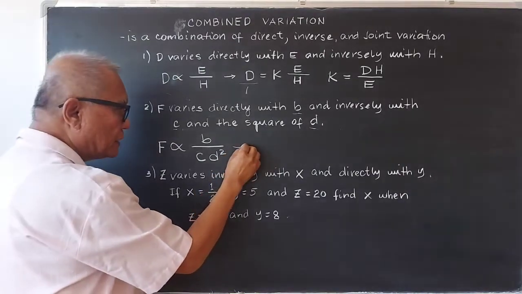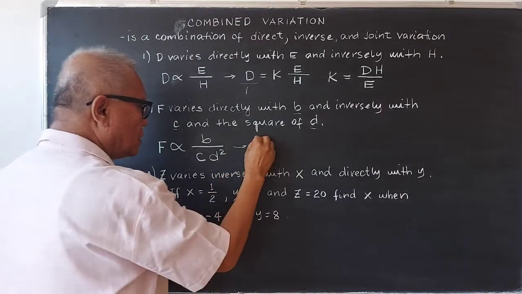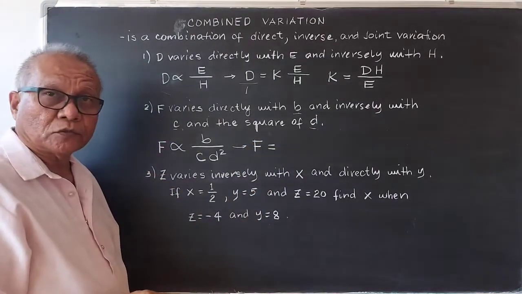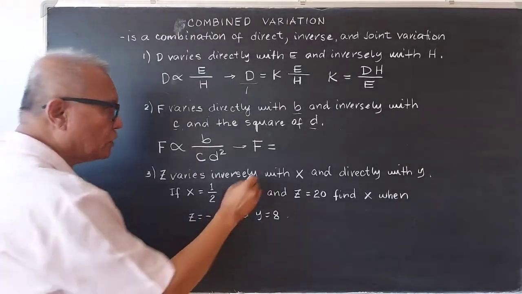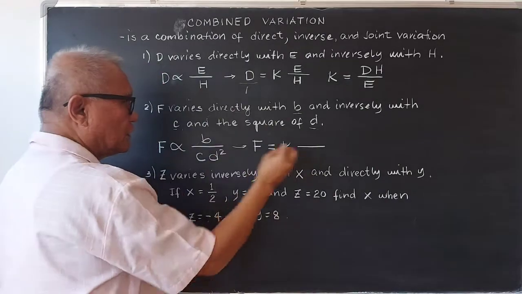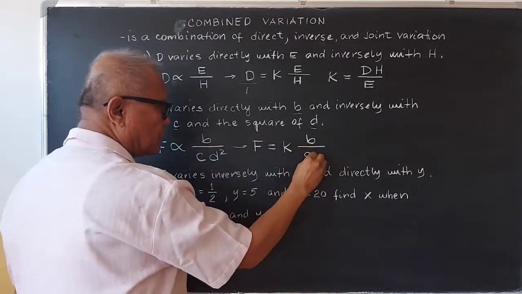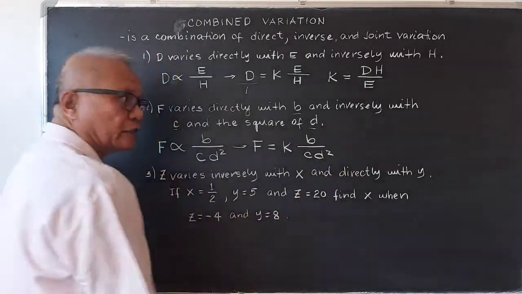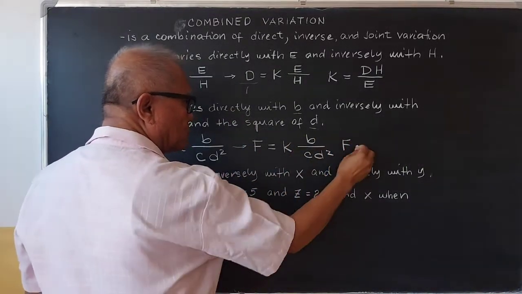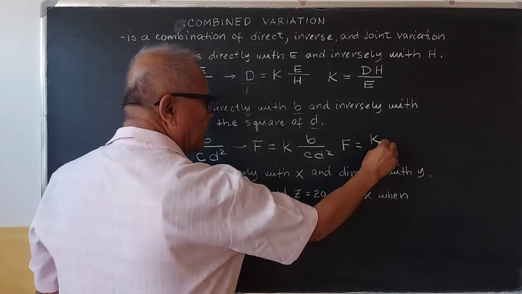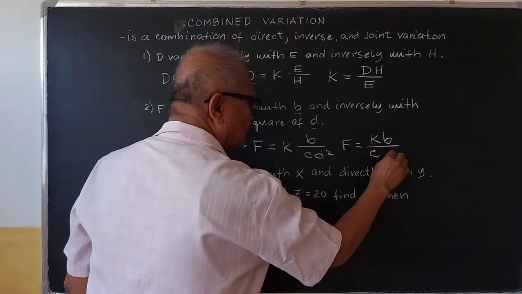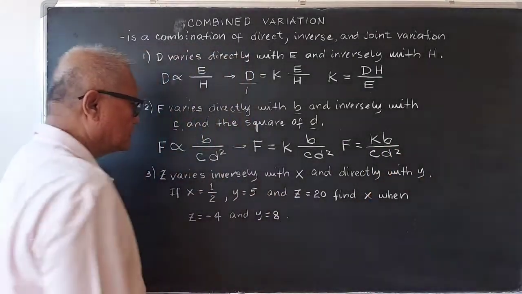Then we write that one in equation form. So we have F is equal to, then we introduce our constant of variation K here times the B and then C and D squared. Multiplying this one, there's 2, so we have KB over CD squared.